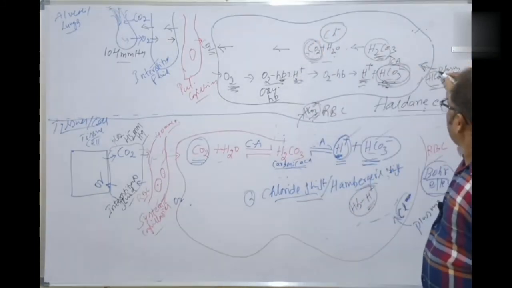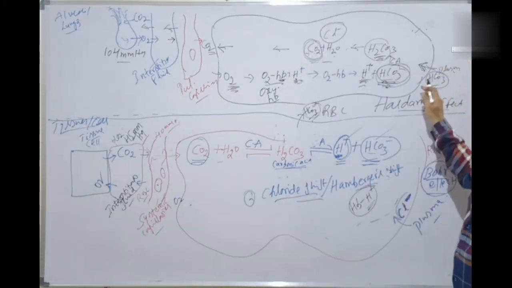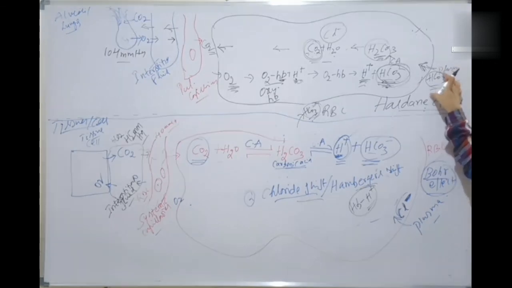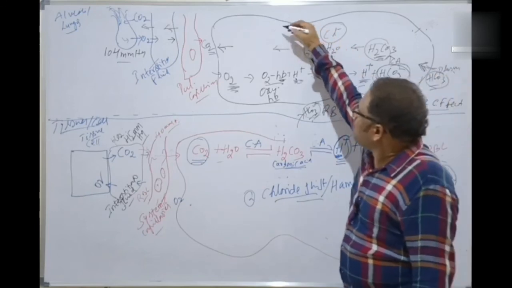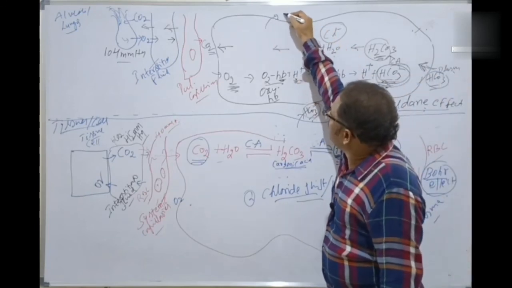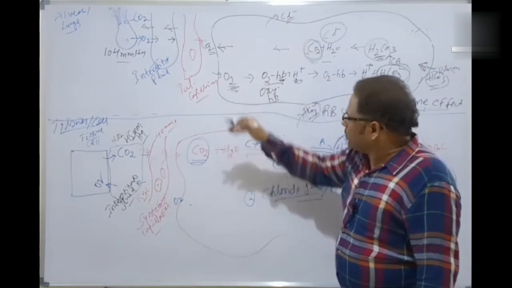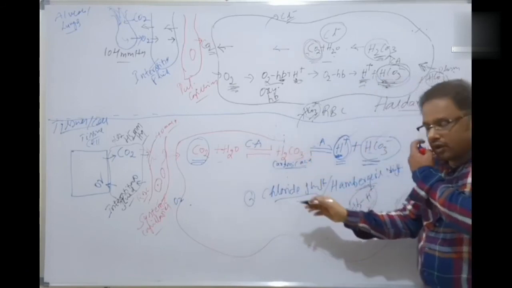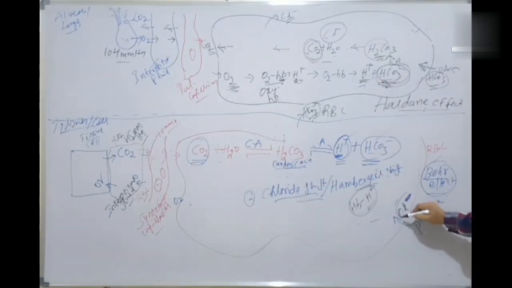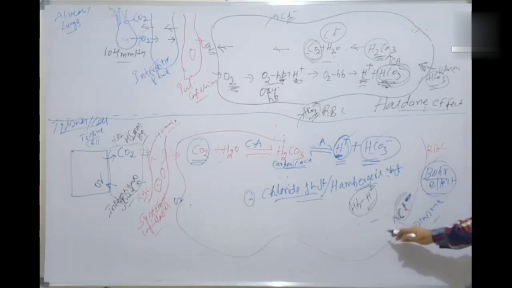Because of the increasing influx of bicarbonate ions, the chloride ions now go back into the plasma. What is the chloride shift? The coming inside of chloride ions from plasma into RBC is called the chloride shift.